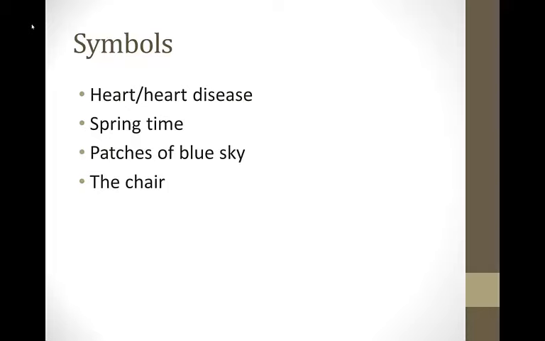These are all symbols. Okay, so I want to give you a minute to think about what these symbols could represent, especially if these are symbols that you did not write down. Based on what happens in the story, what could be the meaning of these symbols?